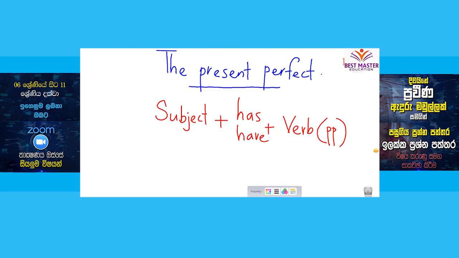As examples, we can write like that. We have, because we is plural.